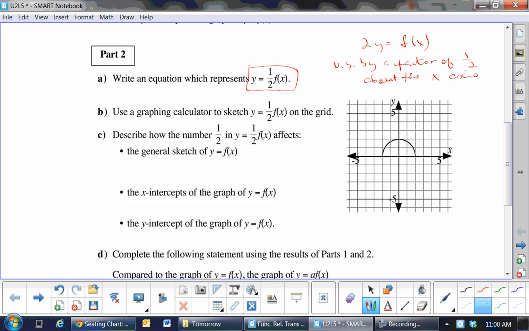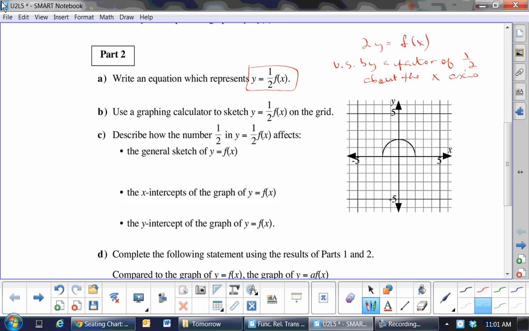Now, I know what we think of stretches, right? Stretches, things get bigger. If I stretch an elastic band, we don't think of a stretch as squishing something down, but you have to understand that is just a general word for we're going to either squish it or stretch it, okay?